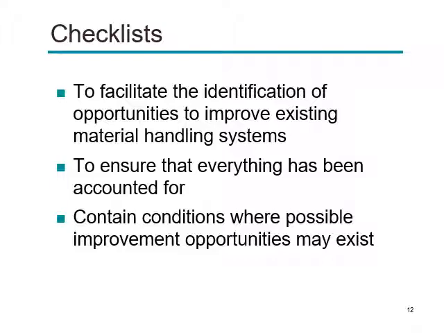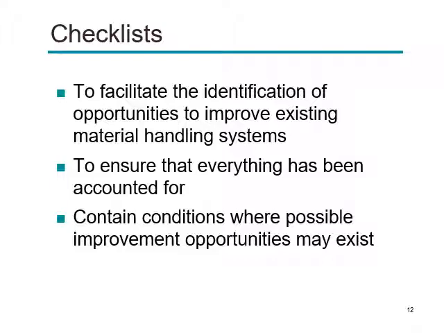We can use these checklists to facilitate the identification of opportunities to improve existing material handling systems. We can ensure that everything has been accounted for, and it contains conditions where possible improvement opportunities may exist.